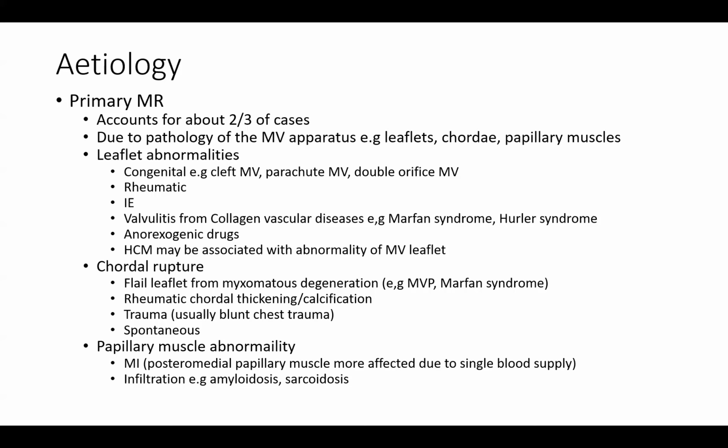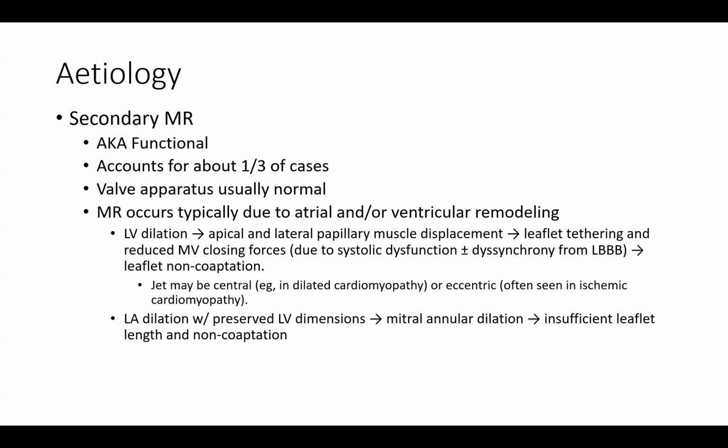So it is more likely to be affected when there's papillary muscle rupture. And it is said that what we mostly see is the partial rupture, because the complete rupture has very, very high mortality.